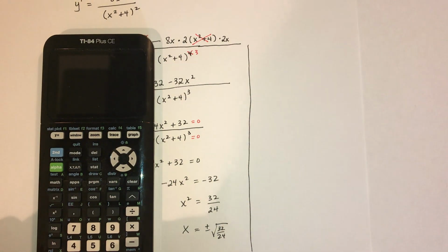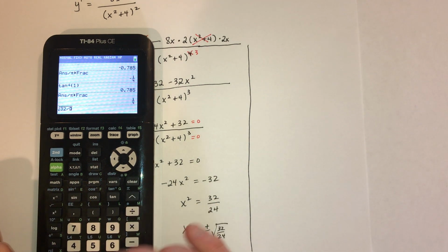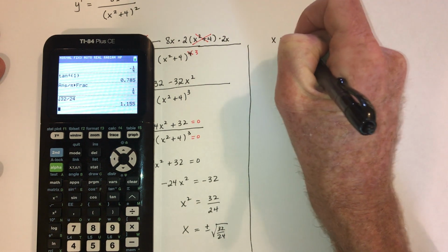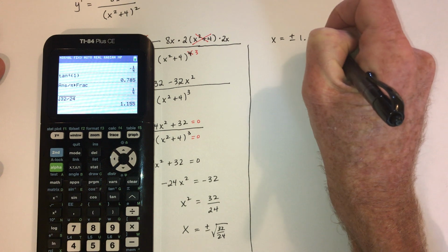So how much is that? The square root of 32 over 24. So x is equal to a positive or negative 1.155.